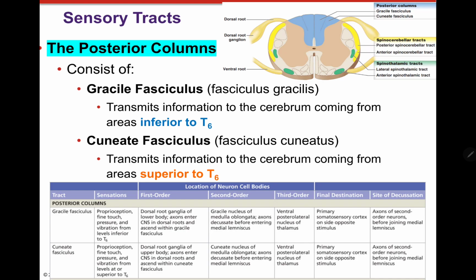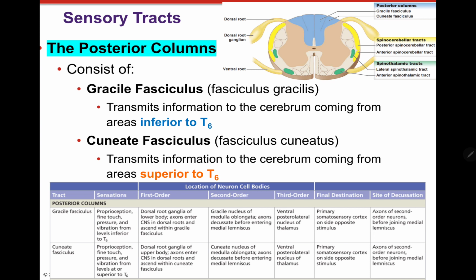And so when we're looking at the posterior columns, also called the dorsal column medial lemniscus pathway, this is going to consist of the gracile fasciculus and the cuneate fasciculus tracts.